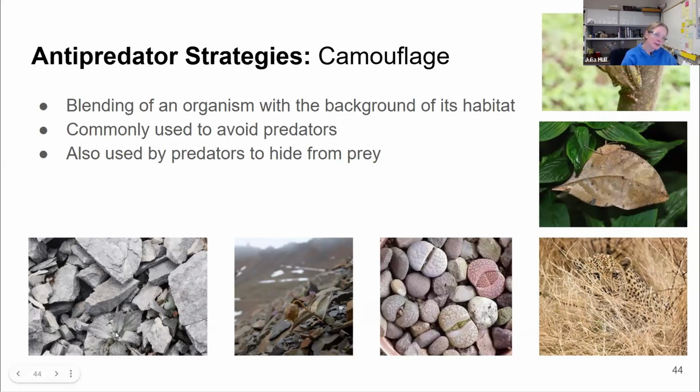If you're a little plant in there, you want to be hiding from things that will try to eat you. This high alpine plant has coloration where it blends into its background. These stone plants live in really hot places where there's not a lot of water availability, and so they camouflage themselves with the gravelly surface where they grow.